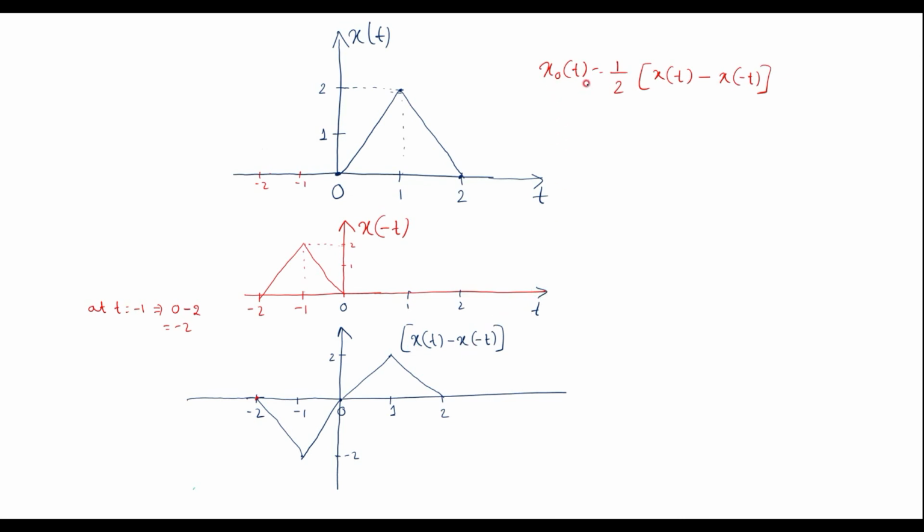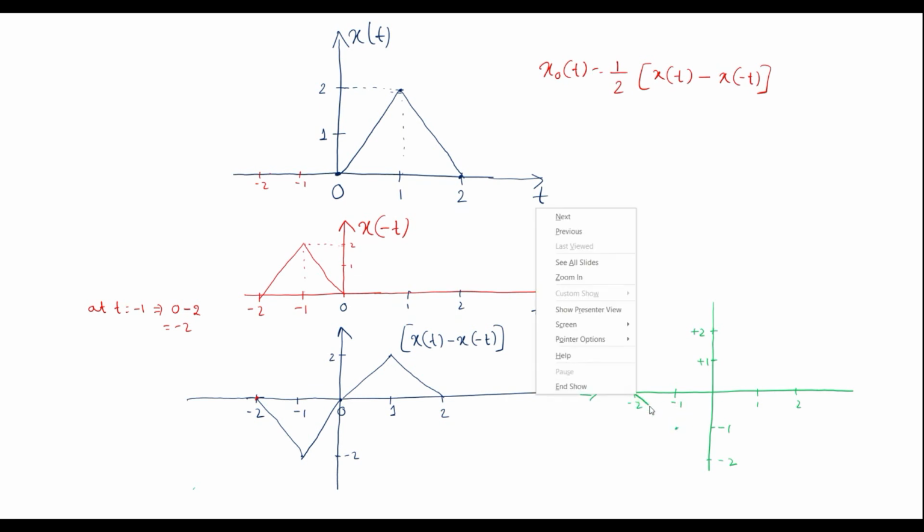Now we'll try to find xo of t, that is odd component of x of t, which is obtained by dividing each amplitude by 2, that is amplitude scaling. So now at t equal to minus 1, amplitude of the signal is minus 2, that is minus 2 divided by 2 is minus 1. So at t equal to minus 1, its amplitude will be minus 1. Join these 2 points.